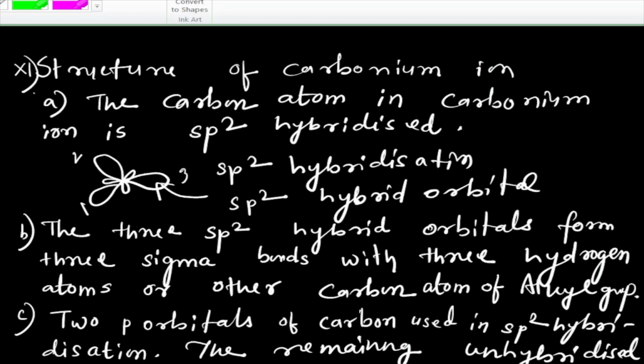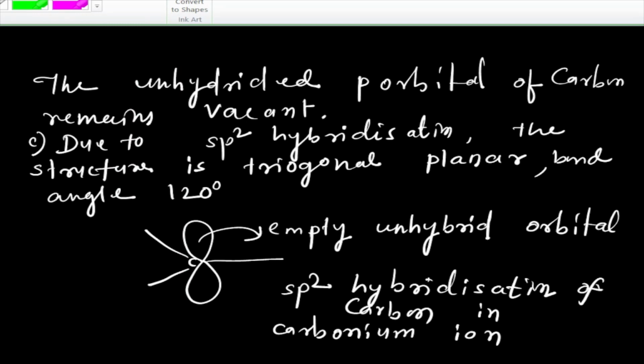Then what will happen to the unhybridized orbital? Unhybridized orbital means this never undergoes any hybridization. That is the p orbital of carbon, which remains vacant.